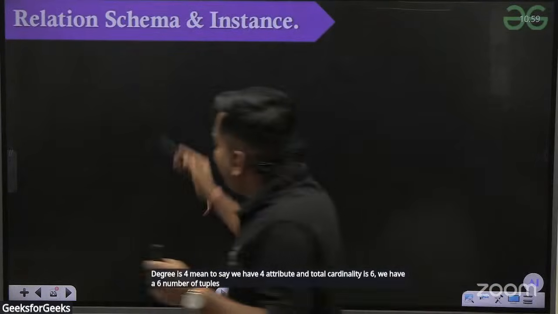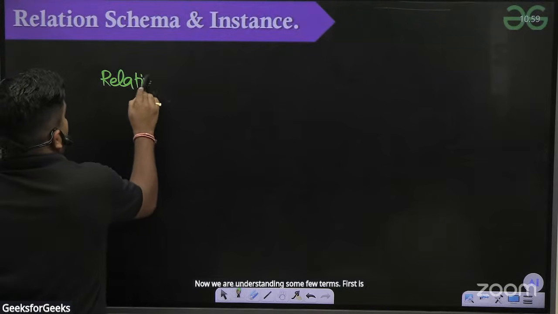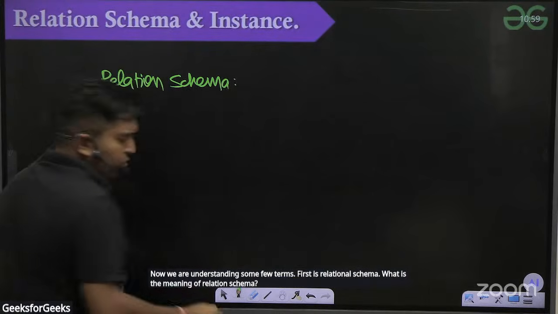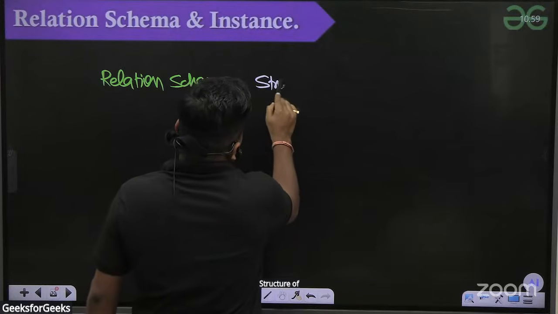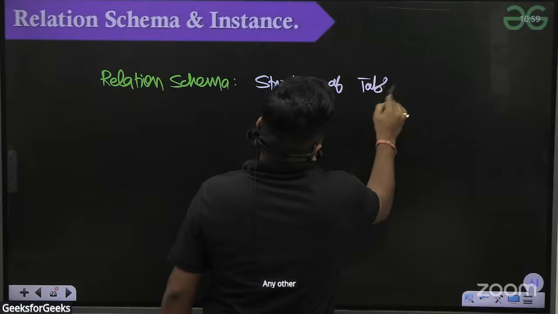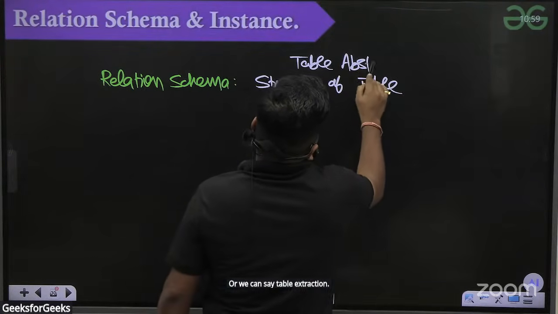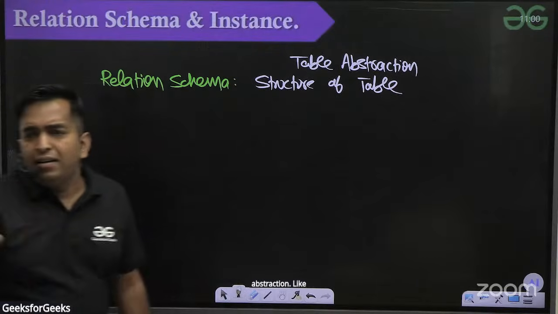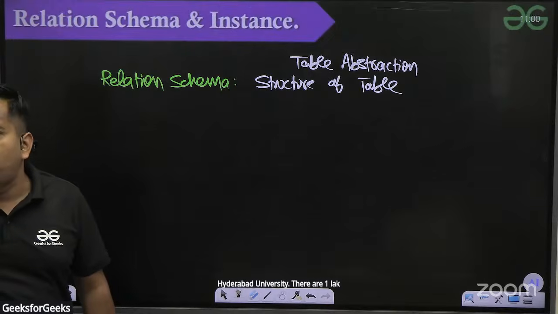Now we are understanding a few more terms. First is relational schema. What is the meaning of relation schema? Very good. The structure of the table. Any other? Or we can say table abstraction. Like Hyderabad University, there are 1 lakh students, but I don't want the detail.